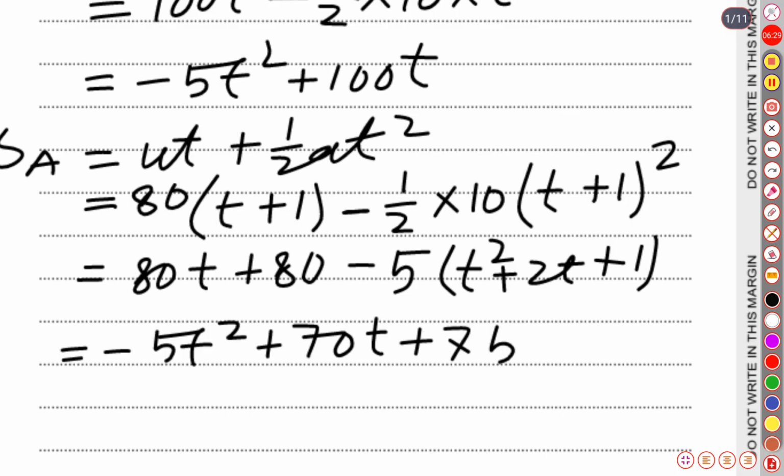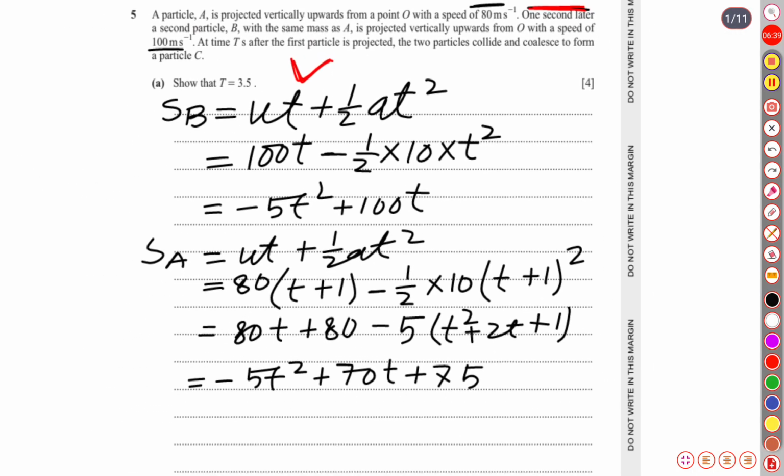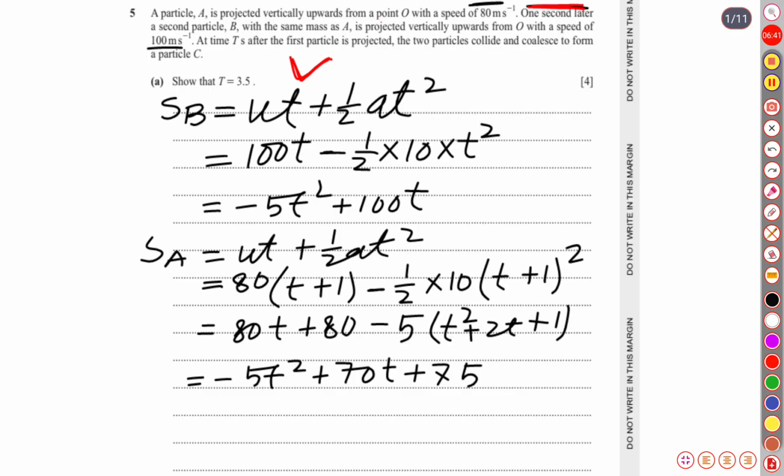So this is the displacement traveled by particle A, and we are not deviating from our fundamental concept that both the particles collide each other at the same height. What is the height traveled by each of them?